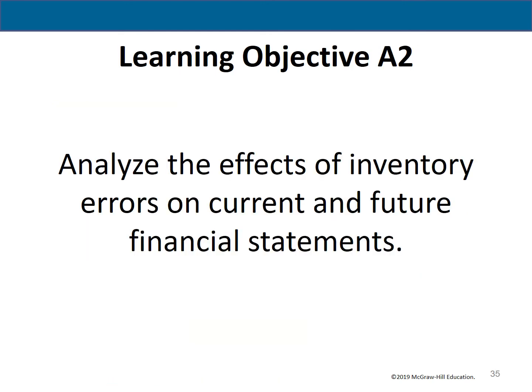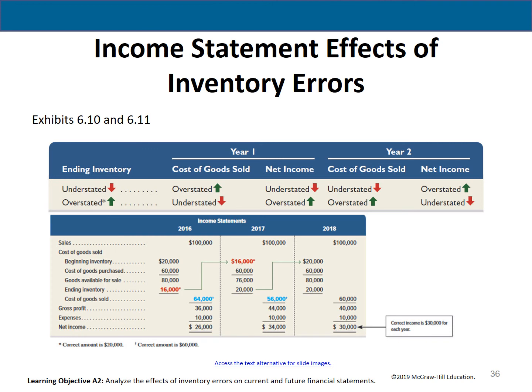The final area is taking a look at the effect of inventory errors on current and future financial statements. I know this used to freak me out when I was learning it, but if we take our time and think about this, if ending inventory is understated, so we recorded too little, so we wrote it down too much in that prior journal entry, we would have too much in cost of goods sold.